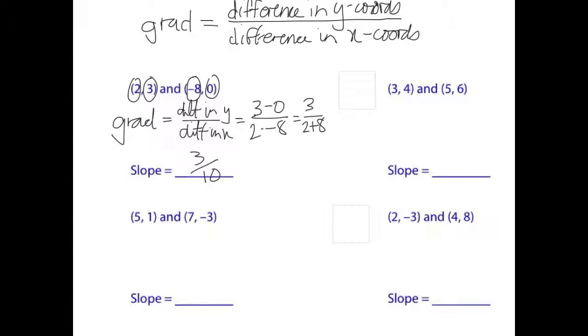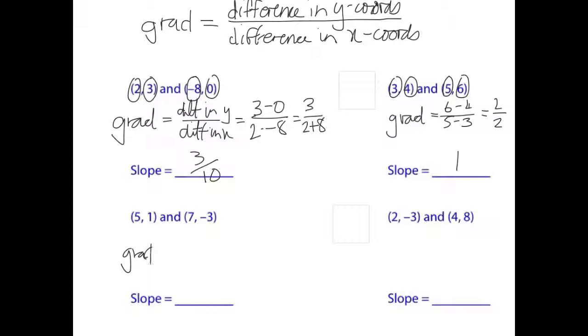So, for example, in this one here, the difference in the y coordinates, gradient, is, let's do 6 take away 4 as your difference in y coordinates. That means the second bracket is coming first, so for x coordinates it's 5 take away 3, which is 2 over 2. The gradient is 1.